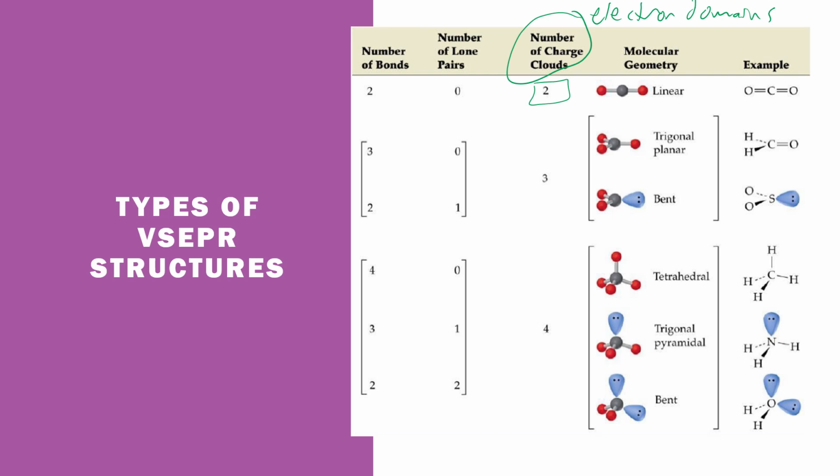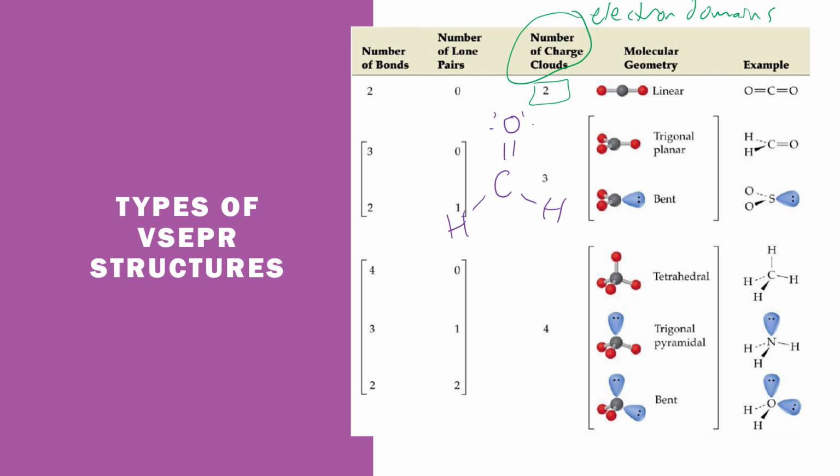Now, if you have three electron domains, those three are going to spread out completely evenly around the central atom, just like formaldehyde that we were looking at on the previous slide. They drew it in 3D space here, but if I draw it flat, it would look like this, with the oxygen and the two hydrogens. It spreads out evenly. That's called trigonal planar.